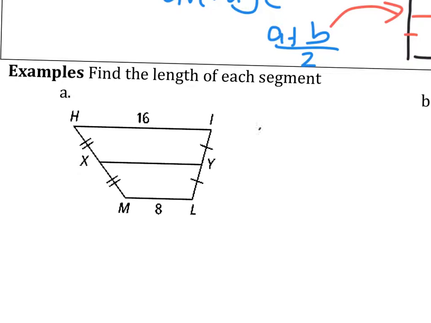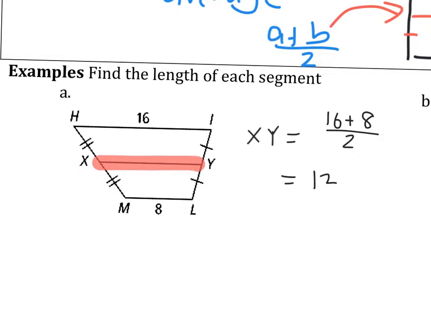So here, if we're going to find out what the length of the midsegment, whose name is XY, we would say that the length XY here is going to be 1/2 of the 16 plus the 8, or just add them and divide it by 2. So in the end here, we get 12, of course, which makes sense. Why? Because we can count 8, 12, 16. Add 4, add 4. So that pattern works pretty well. So we know that it works.